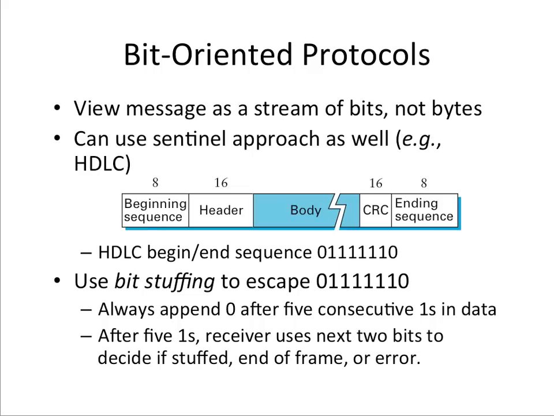So we might send a unique sequence in the beginning that indicates that we're about to send a frame. It's usually called a preamble. Once the receiver receives the preamble, then it can prepare its machinery to receive the actual packet.